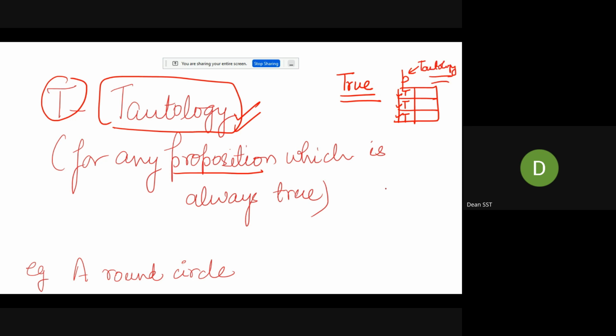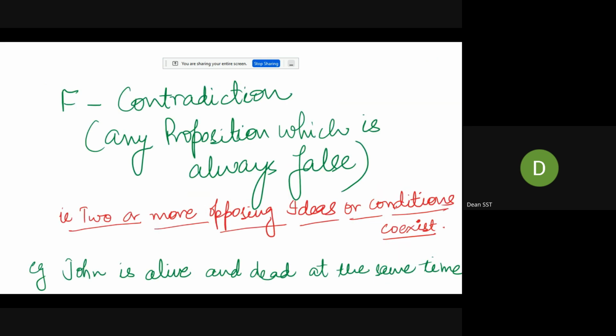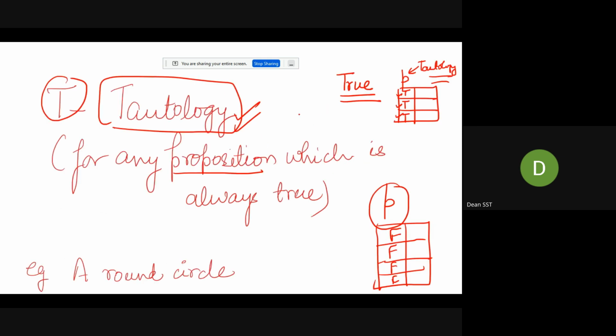In a truth table, we will have the value T throughout under a tautology.